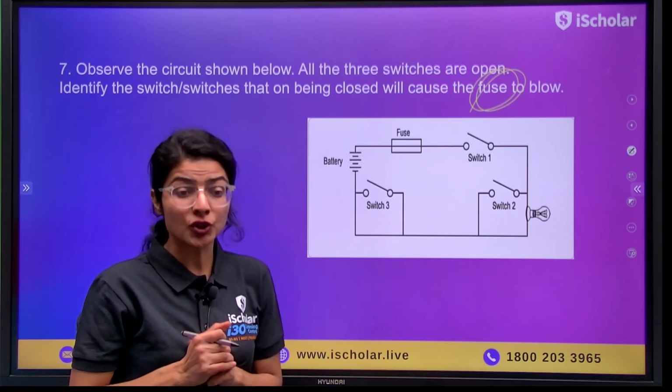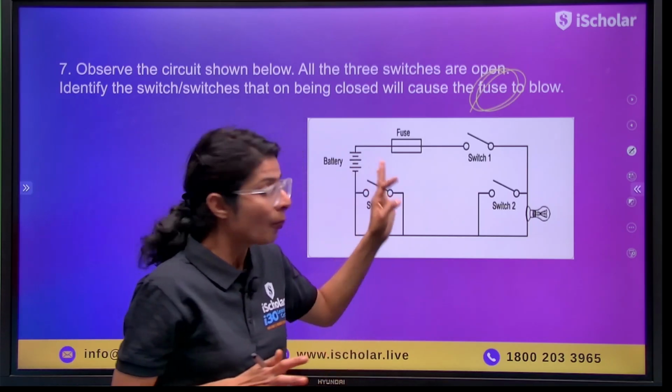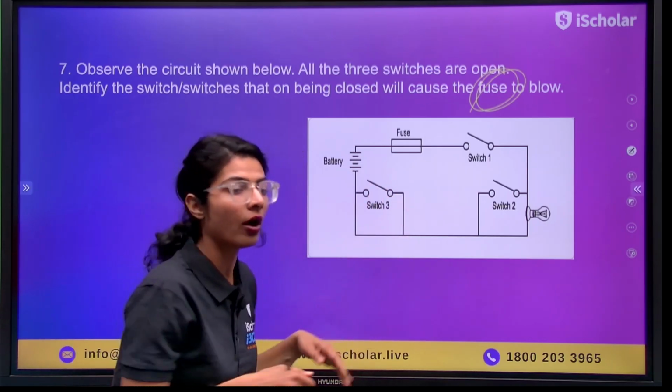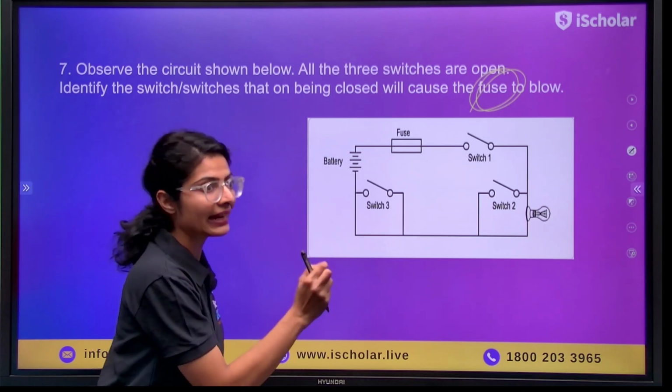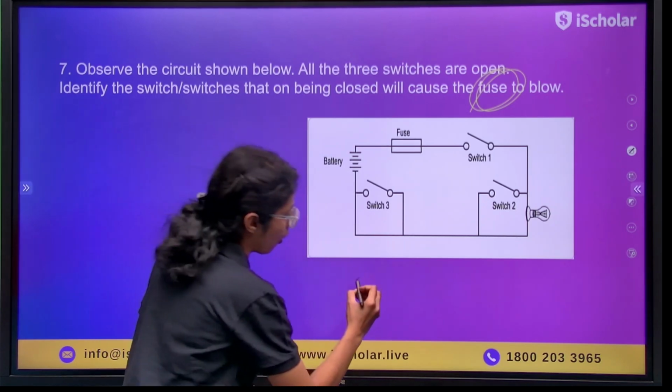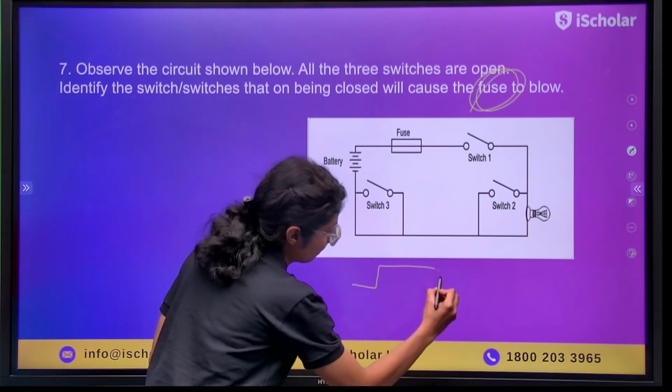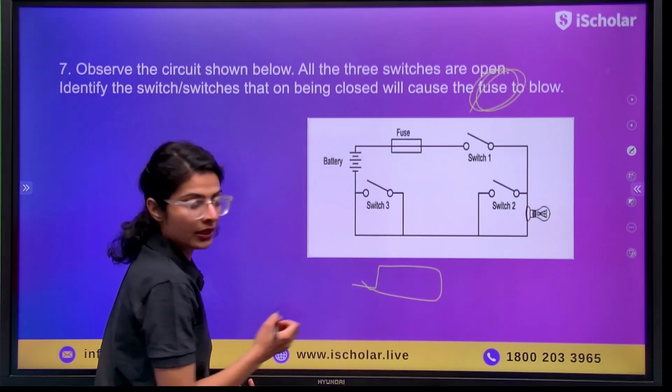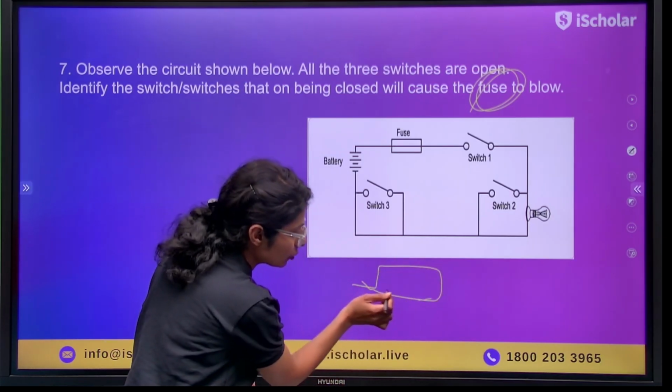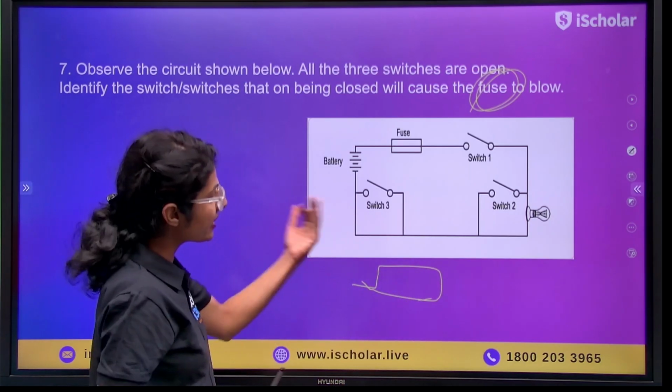By short circuited I mean that both the terminals of the wire are connected to the same potential, or if you somehow complete the circuit in such a way that these all are connected to the same potential.